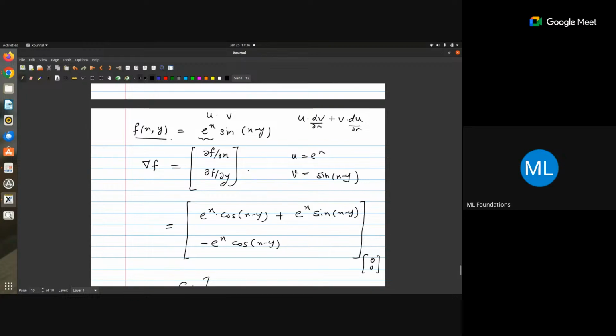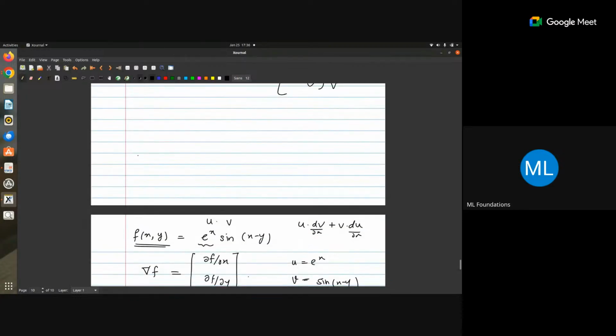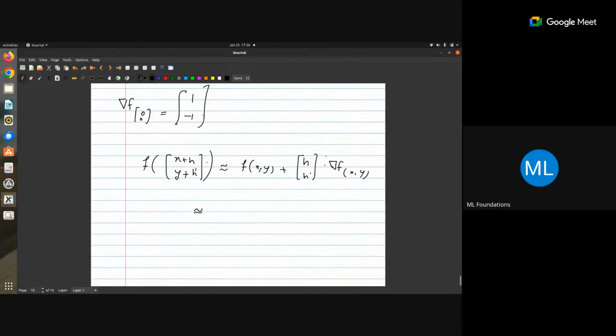This is your function. So f of 0, 0 is how much? 0, right? Okay.